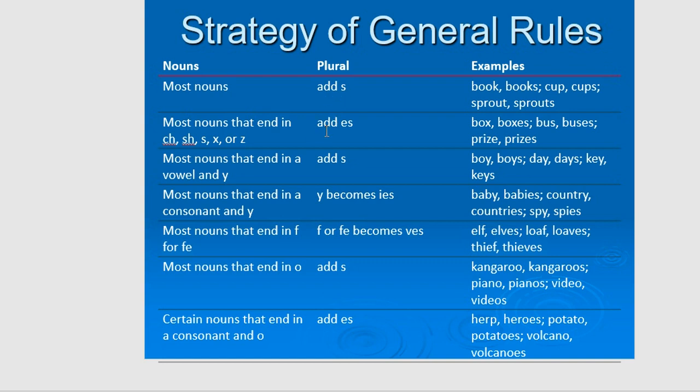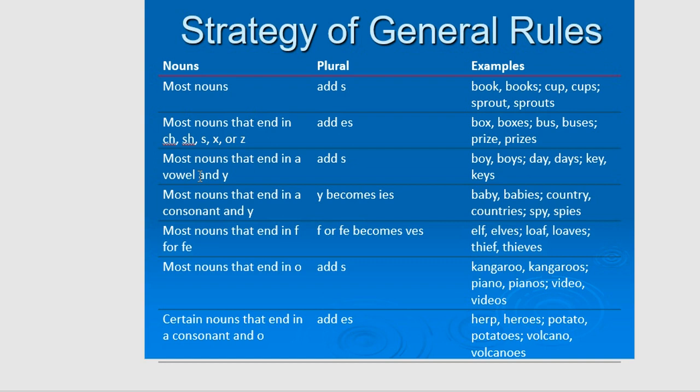Another point: words ending with ch, sh, s, x or z, we should add es, like box, boxes, bus, buses, prize, prizes. So those are the two cases that most people all over the world still remind themselves of.